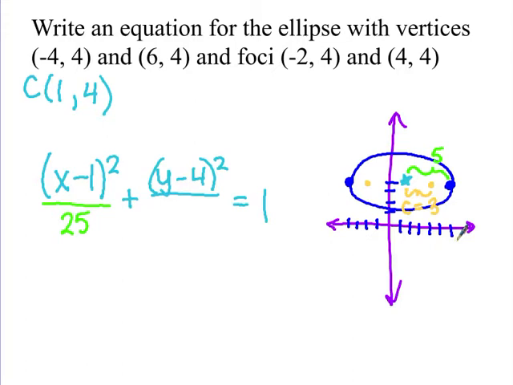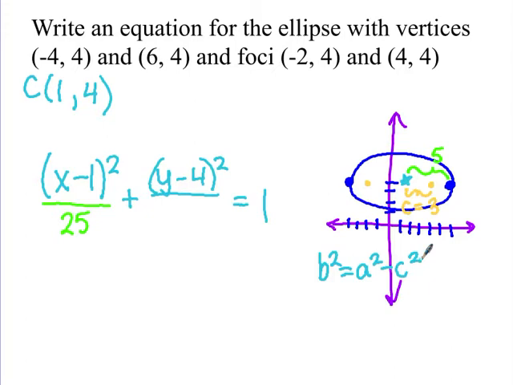Now if you remember with ellipses, there was one equation that I told you you really needed to know. If you want to flip back to that table, what was that equation that I highlighted? B squared equals A squared minus C squared.